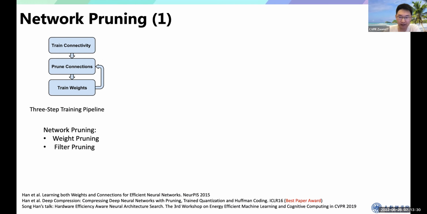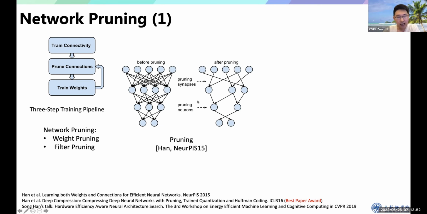And the common practice of pruning would be, first, we learn connectivity by normal network training, and then prune the low-weight connections and retrain the network to learn the final weights for the remaining sparse connections. And we listed some works.